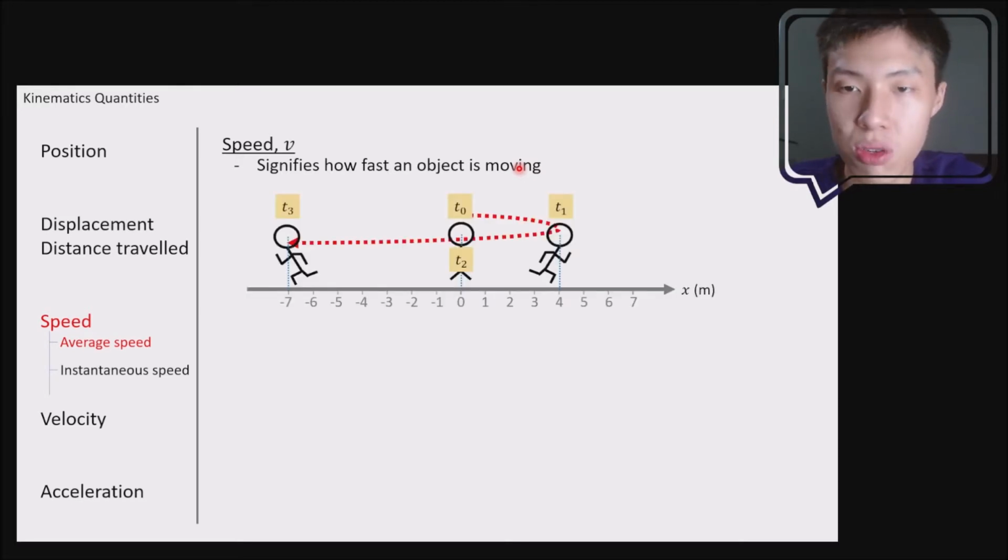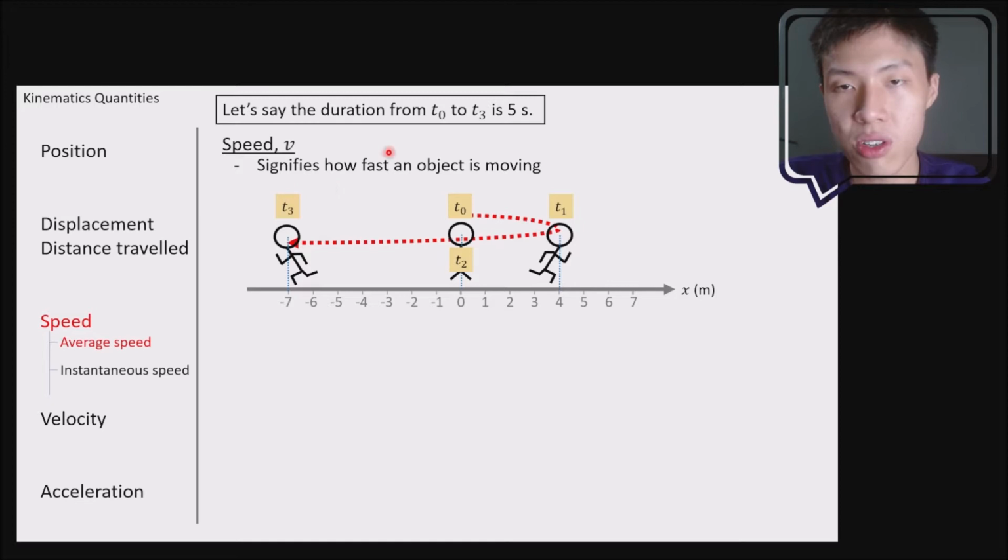Okay, so we go back to our same example. A person standing on the origin runs towards t1, makes a U-turn, passes through the origin, then moves towards x equals -7 at time t3. Let's say the duration from t0 to t3 is 5 seconds.